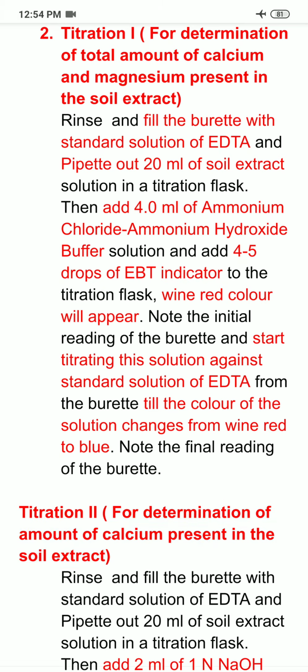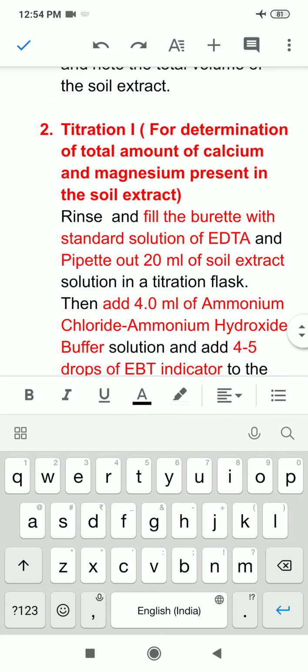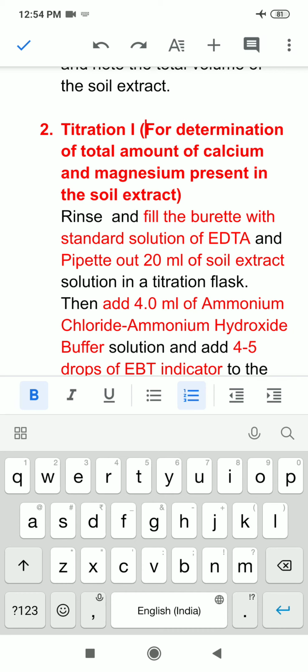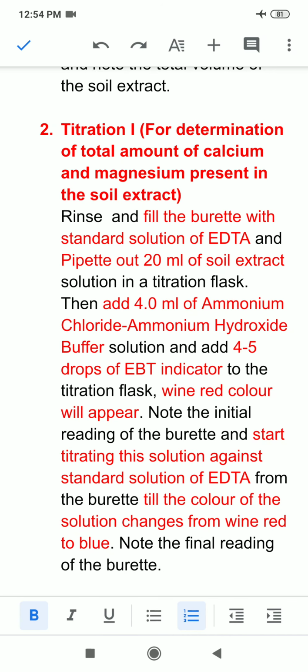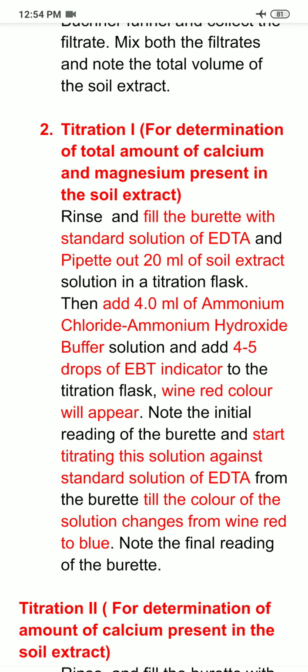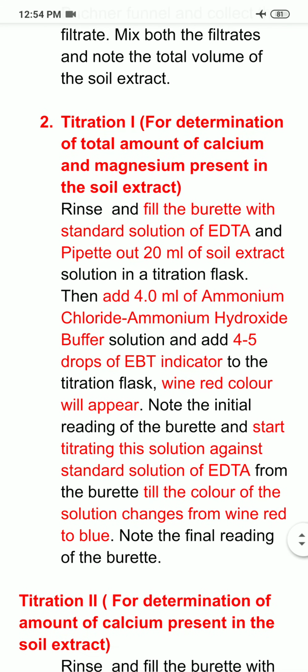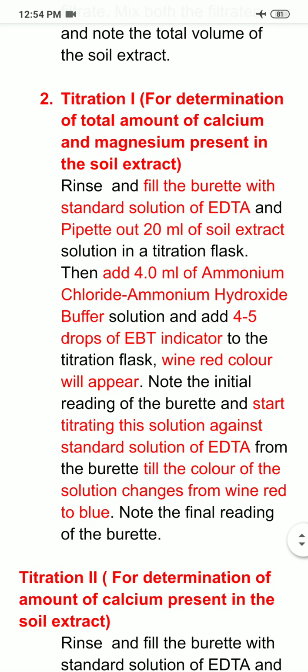First of all, I am discussing the titration for the determination of the total amount of calcium and magnesium present in the soil. We will take a burette and rinse it with EDTA solution.